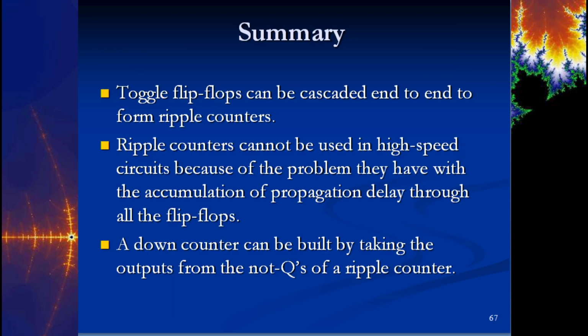So just to recap, toggle flip-flops can be cascaded end-to-end to form ripple counters, and those ripple counters are our asynchronous counters. And the problem with ripple counters is that they have an accumulation of the propagation delay, and so we can also have a down counter. Instead of taking the Q, we take the not Q as our outputs.